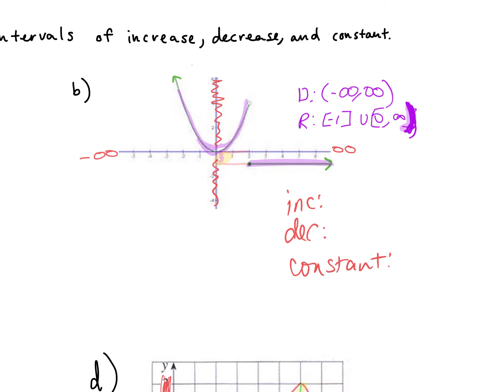From -infinity all the way down to what number? What's your graph doing? Decreasing. So -infinity to 0. And then from 0 to 2, what's it doing? Increasing. 0 to 2. And then from 2 to infinity, what's it doing? Constant. There you go, 2 to infinity.